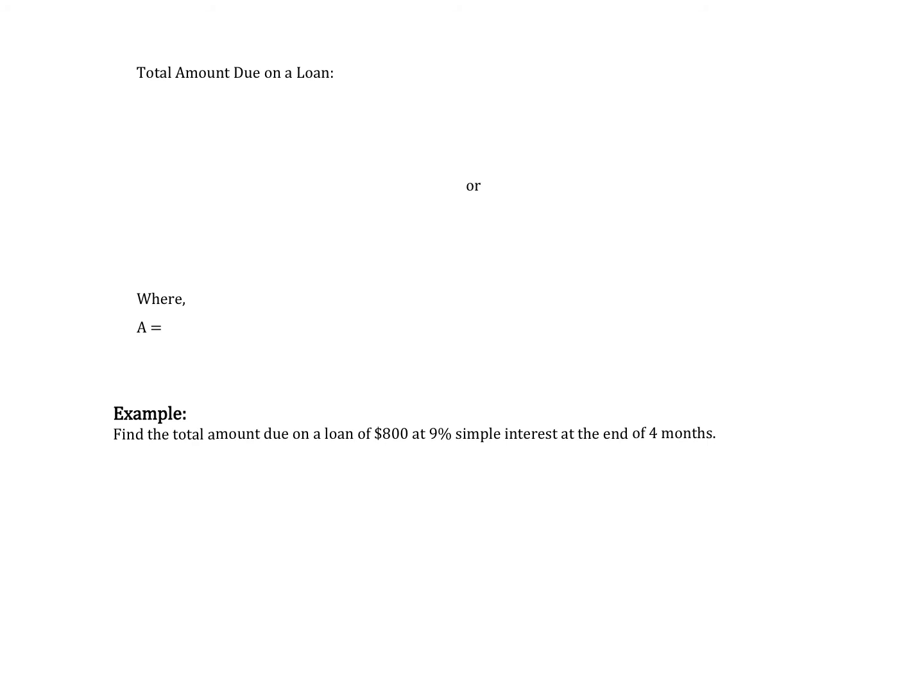Now, so we can calculate interest, then we can also calculate the total amount due, because your total amount due on any particular loan or any particular payment or any particular investment, we say this will be equal to A, which is called the total amount or your balance. A is equal to how much you borrowed, which remember, that's just P, plus the interest that you have to pay on it.